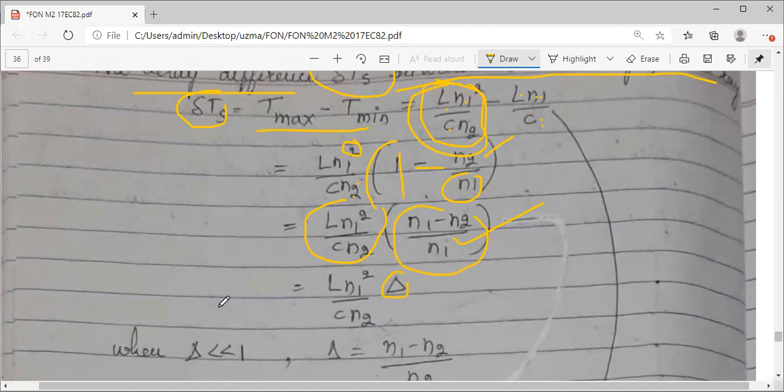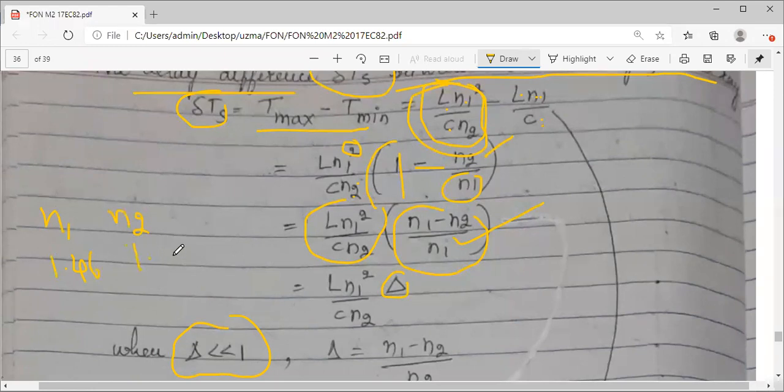We are assuming that delta is very much less than 1, in the sense the difference is very small. What do you mean by relative refractive index difference? If n1 is the refractive index of the core and n2 is the refractive index of the cladding, assume n1 is 1.46.